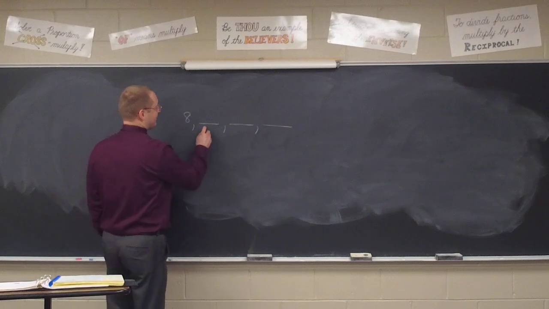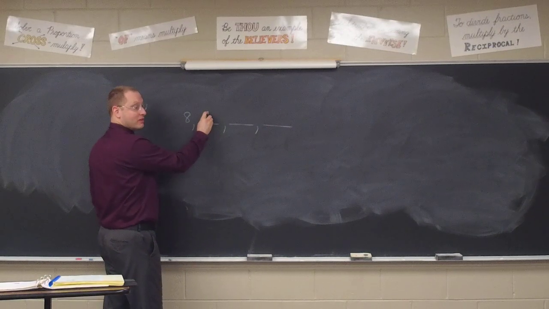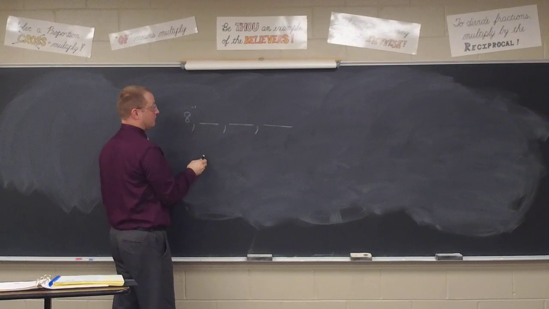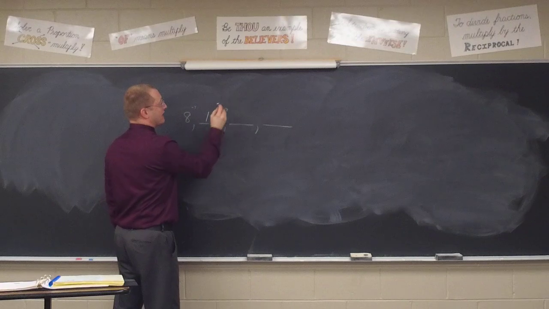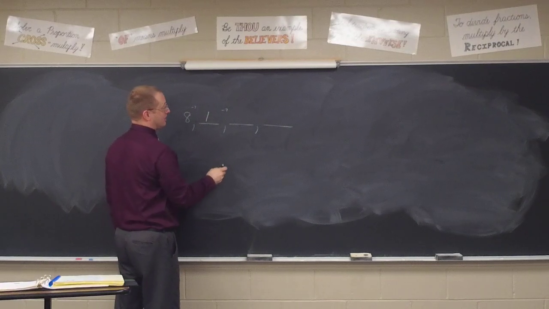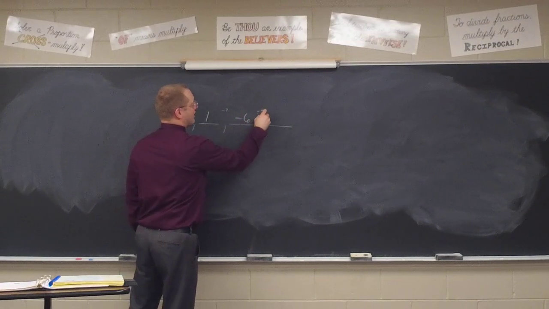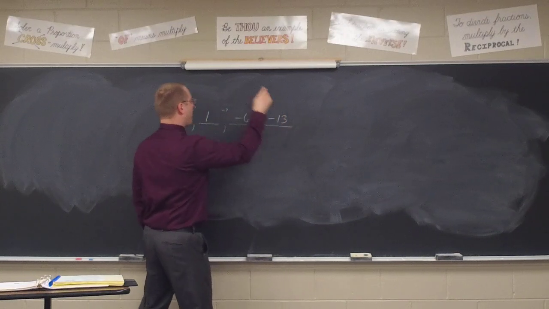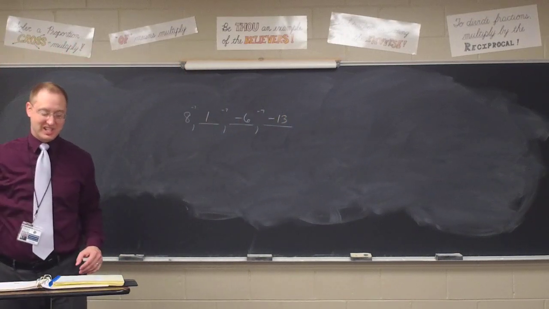Ben, what you got? What do you get if you add -7? 1. And if you add another -7, -6. And then another -7, -13. There we go. How many had 1, -6, and -13 as the next 3 terms?